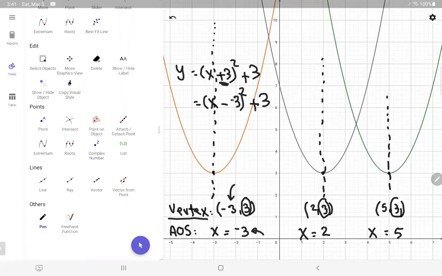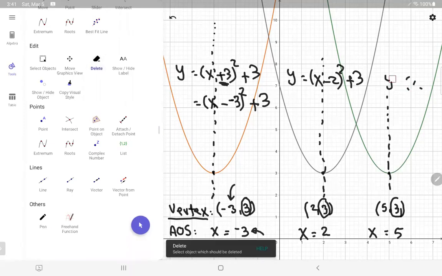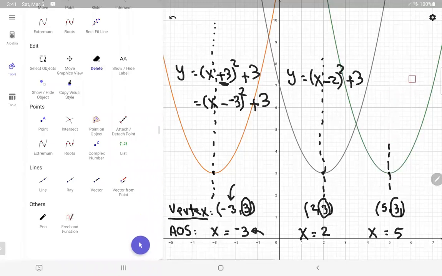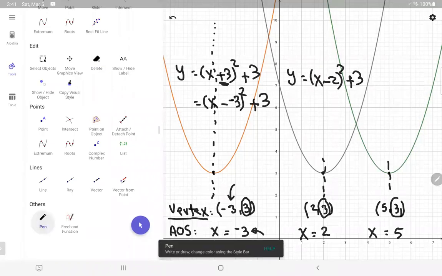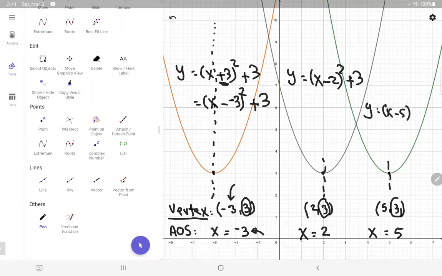Right? Do you agree? The second function is y equals x minus 2 squared plus 3. Last one is y equals x minus 5 squared plus 3.